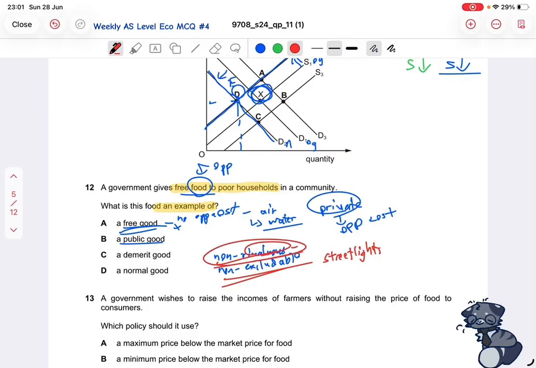It is also non-excludable because how do you stop someone from using light? You can't really stop someone specific from using light, so you can't stop them from consuming it. So that's why streetlights are a public good. These are the characteristics of a public good.